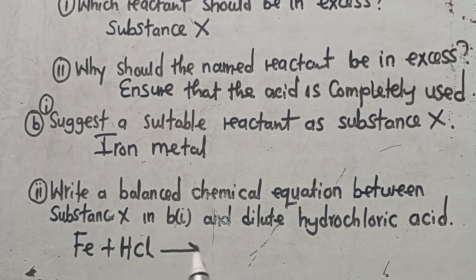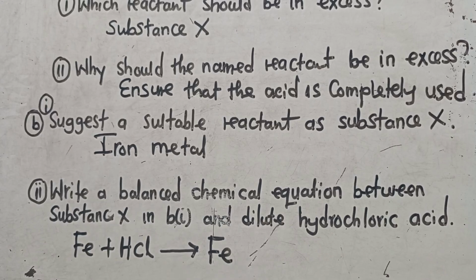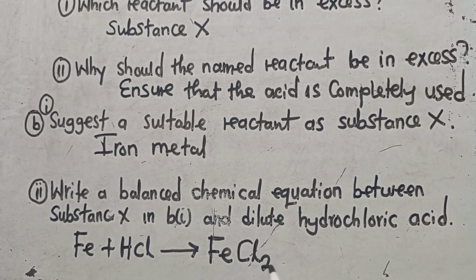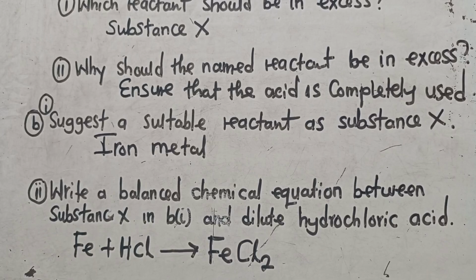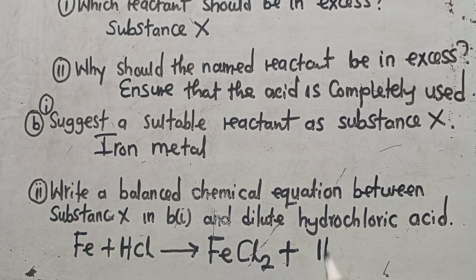What are we forming here? We are forming iron 2 chloride, meaning we are using valency 2 for iron. Then plus what? When these two react, hydrogen gas will be produced here.